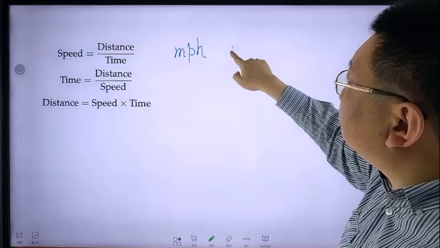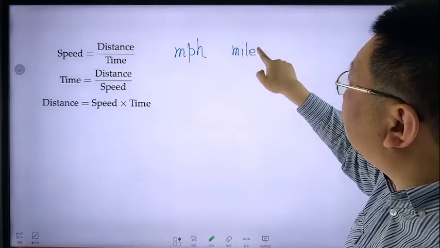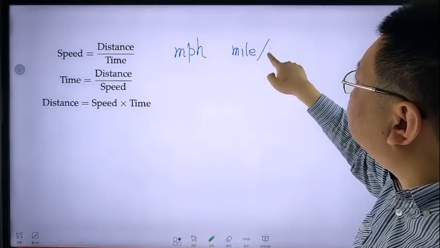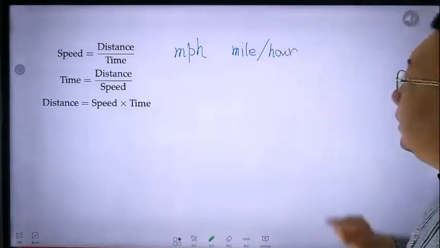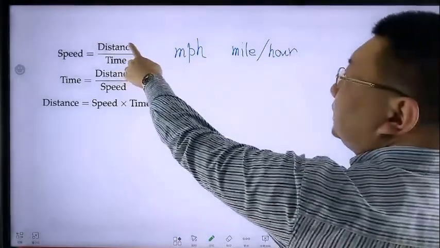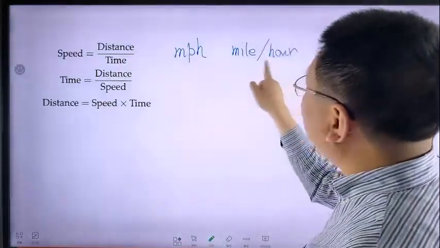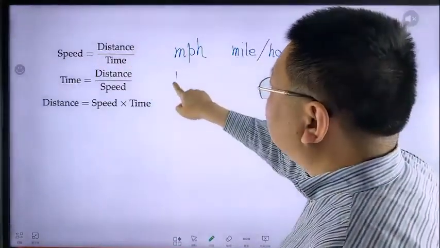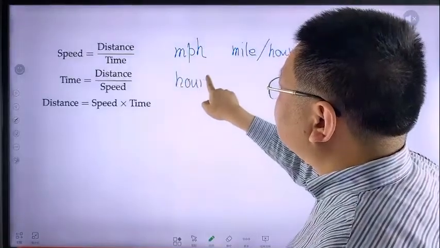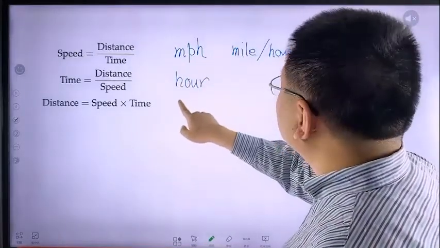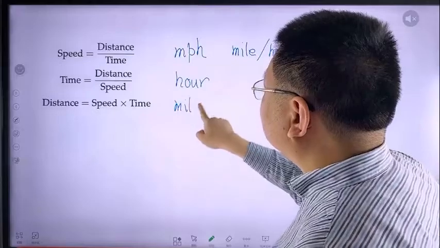Another way to write it, a more mathematical way, would be mile divided by hour. Why is that? Because the distance is measured in miles, and the time is measured in hours, so that would be mile per hour. Time is always measured in a certain unit, one unit is hour, while for distance, mile is one kind of unit.